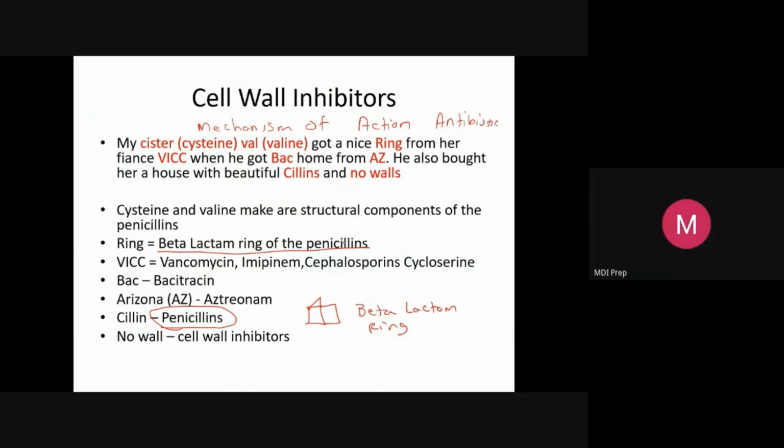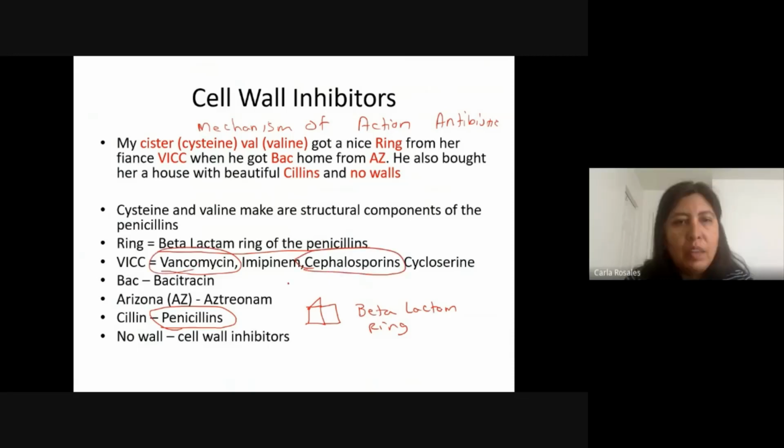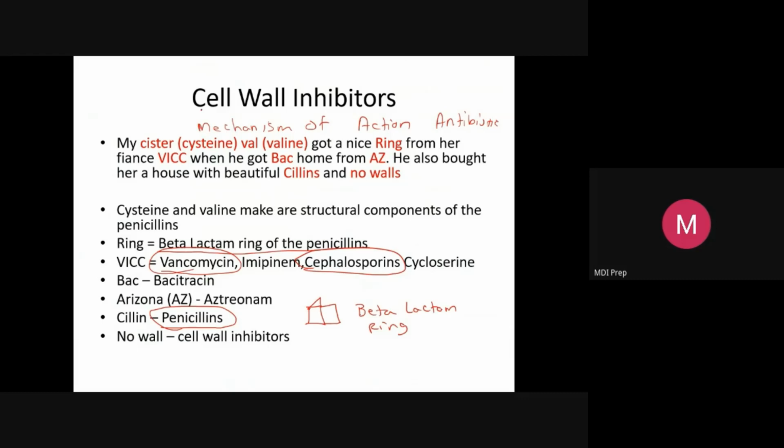And which antibiotics? The ones that you need to know the most about are vancomycin, cephalosporins, and penicillins. This cell wall is made up of something called a peptidoglycan. So the way you explain this slide is that penicillin, vancomycin, and cephalosporin are all peptidoglycan cell wall inhibitors.